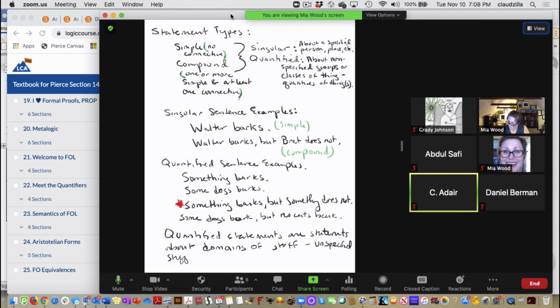Remember earlier, I mentioned that quantified sentences are about non-specified groups, classes of thing, quantities of thing.